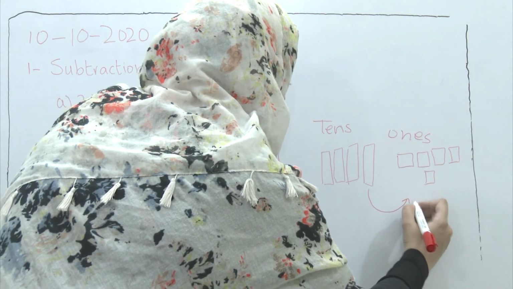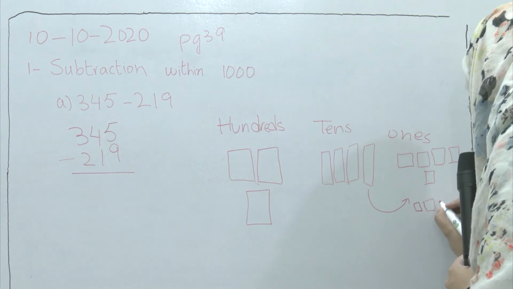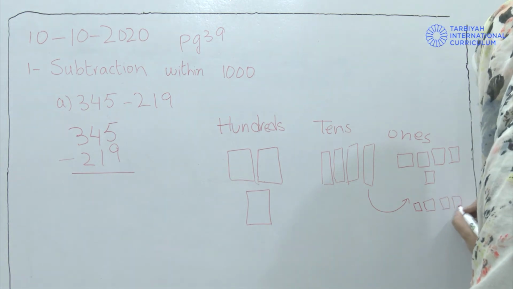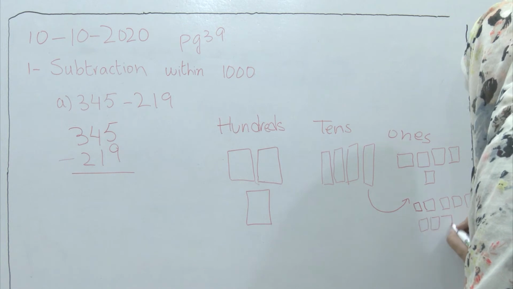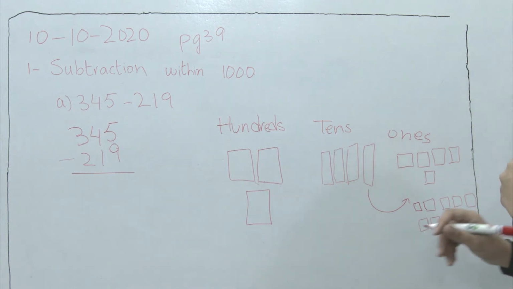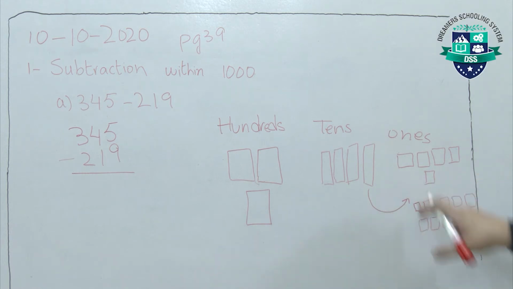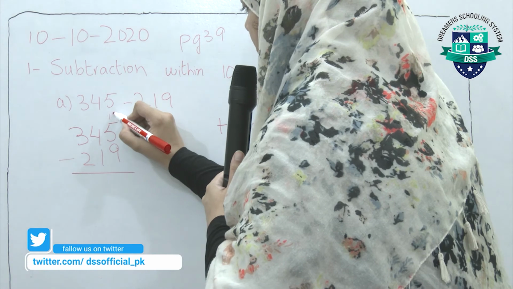This is 10. So it contains 1, 2, 3, 4, 5, 6, 7, 8, 9, and 10. Well done. So now 10 and 5, what does it become? 15.